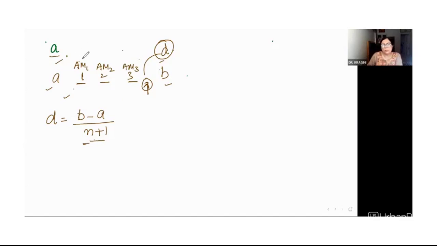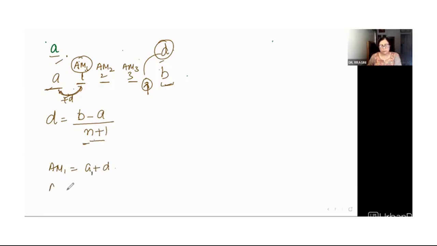Now how will you get these values? You already know A and B, which will be given to you. You get AM1 by adding D to A. Add D here, you will get this first value, right? So A1 plus D is your AM1.